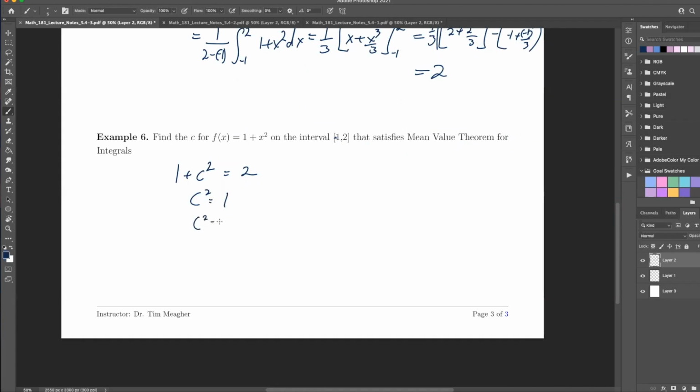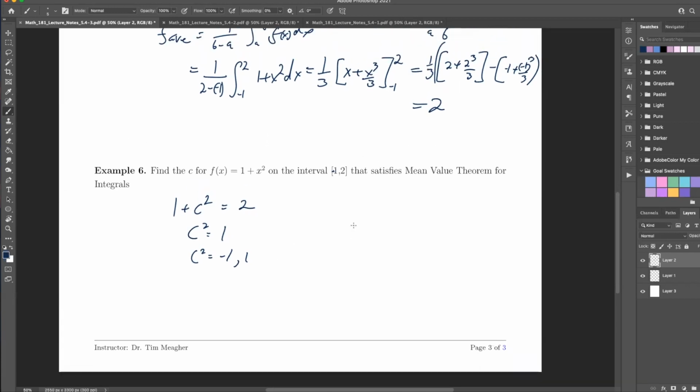That means C is equal to minus 1 and 1. And so technically either of these work. So here, let me draw this real quick. C can equal 1 and minus 1. And so here we have two answers which satisfy the mean value theorem.